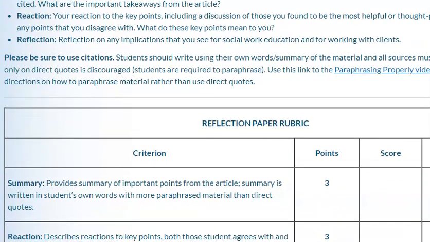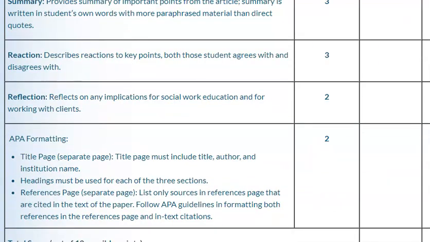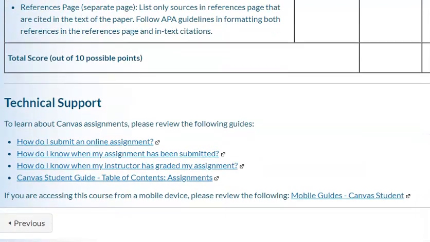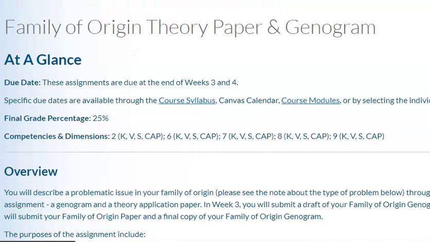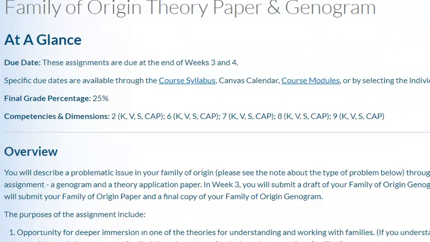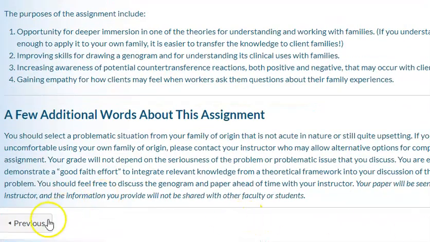And you've had other discussions on APA citation. Here is the rubric. So this is due by Sunday of week 2. And with that, those are the assignments for this week.